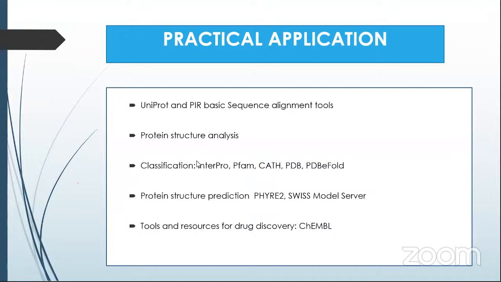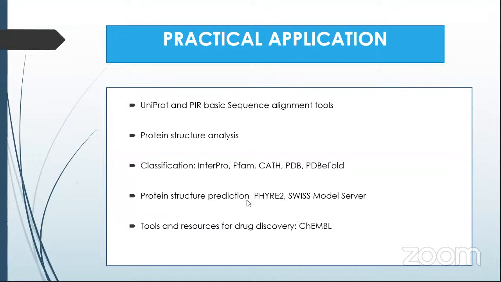That information you will get from the databases available on the bioinformatics platform, that is InterPro, Pfam, CATH database, and the PDB database. PDBe-KB will provide you the 3D structure of the particular protein, whereas InterPro and Pfam provide protein information or the protein family with respect to the classification.